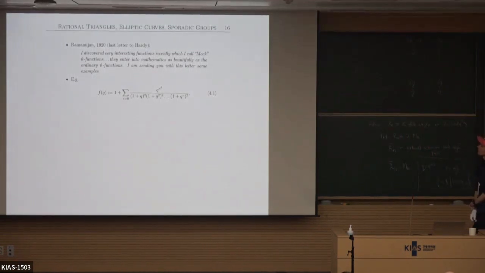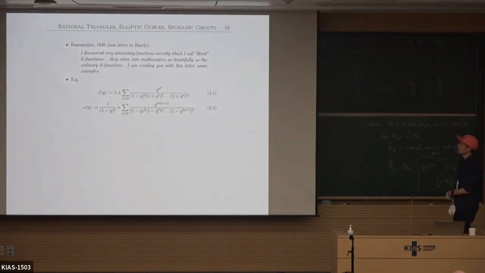Okay. But Ramanujan liked q-series, so here's some q-series. Here's another example from the last letter to Hardy. So I think he gave 17 in total in that letter. Here's two of them.